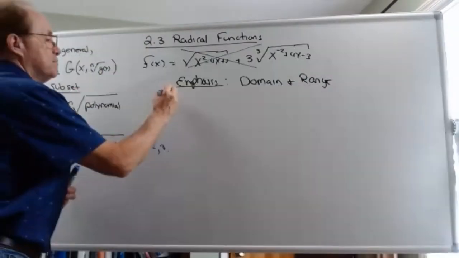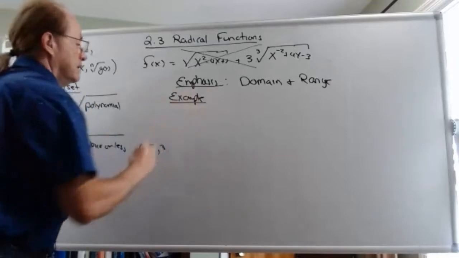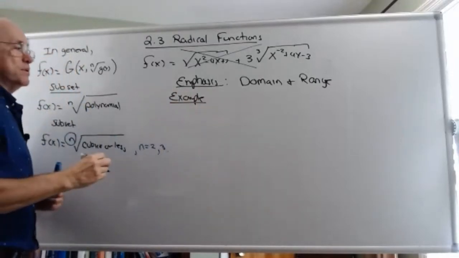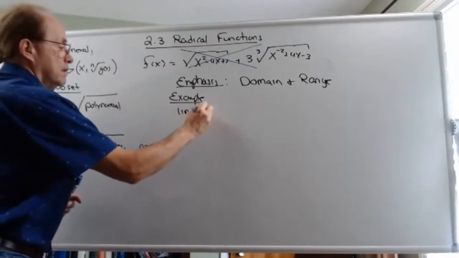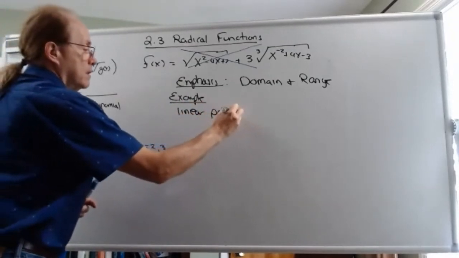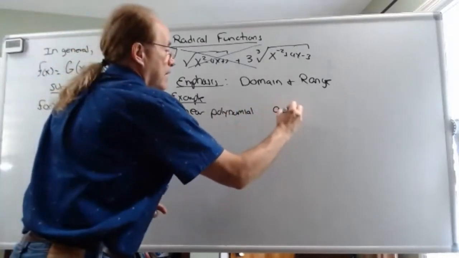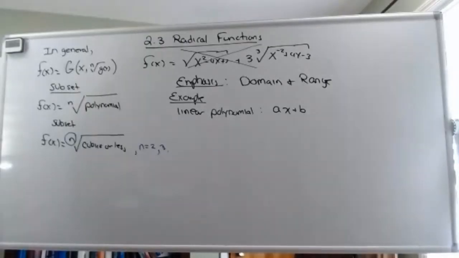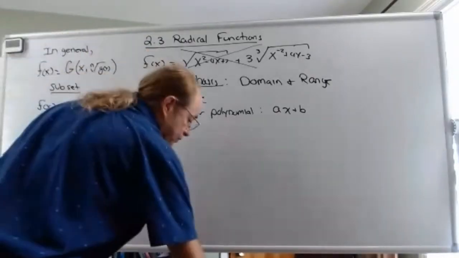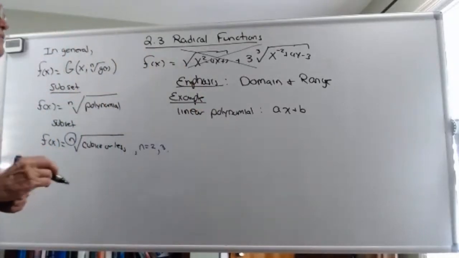So the first example we're going to look at is a linear polynomial in the argument, ax plus b. That's a linear polynomial that will be under the radical symbol. Now, I also want to make some general statements here that are going to make our life a little bit easier.